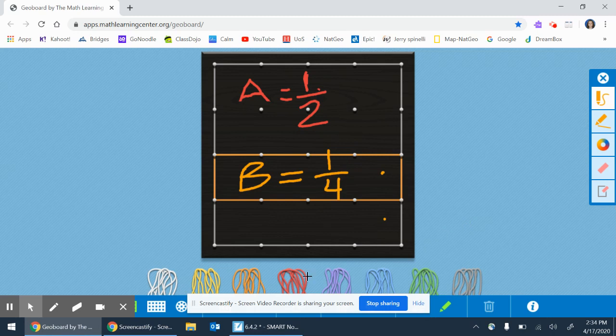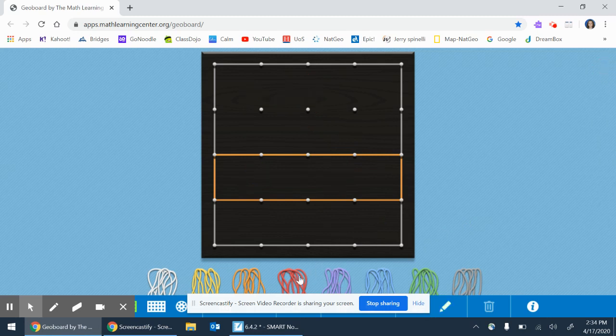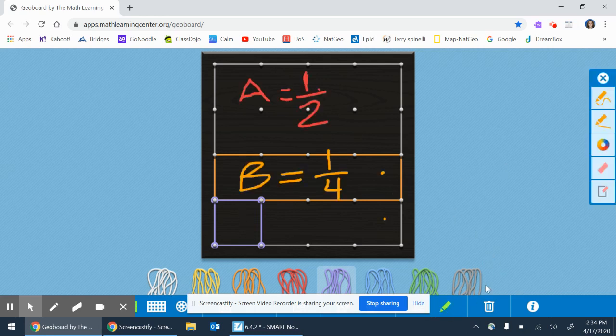Now, what if I take this part and stretch it so it's that size? I want to figure out the purple here. I'm going to label that piece C. Oh, there's a purple color. Well, so this is going to be C. And I want to figure out what that is. Well, I can clearly see that that is a square.